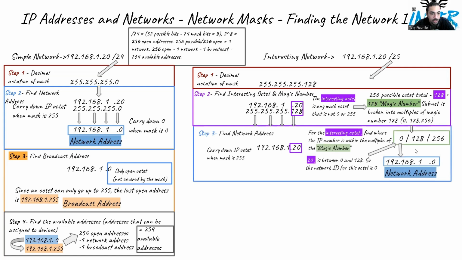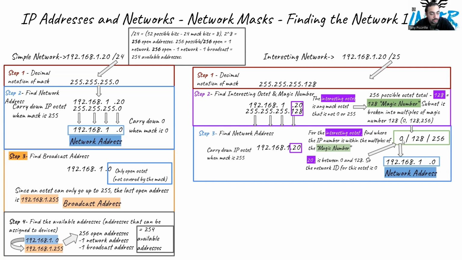Next, we'll look for the network address of the subnet our IP is in. First, we're going to carry down the octets of our IP that go up against 255 here, right? Then for our last octet, which we know is 20, we need to find where that number is within the multiples of 128 that we discussed here.